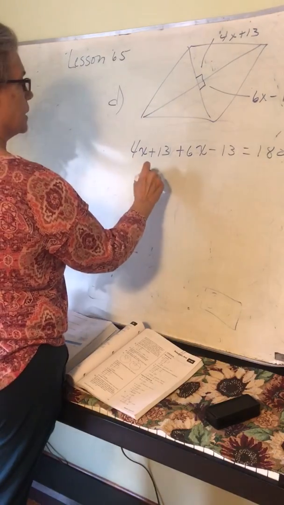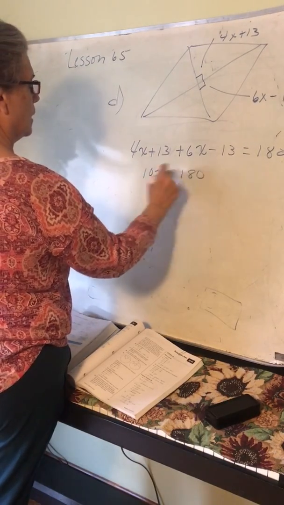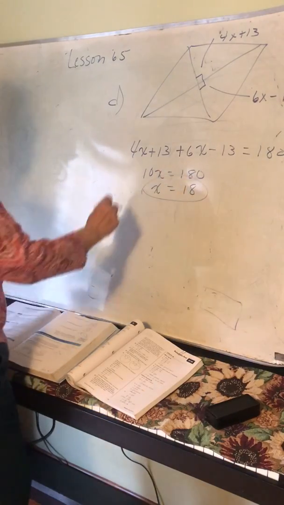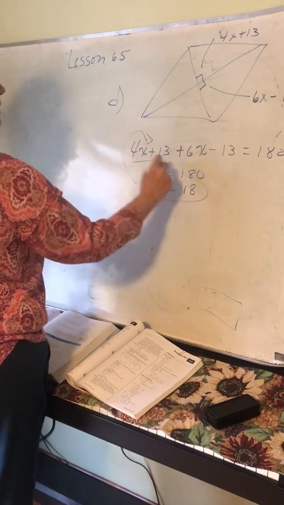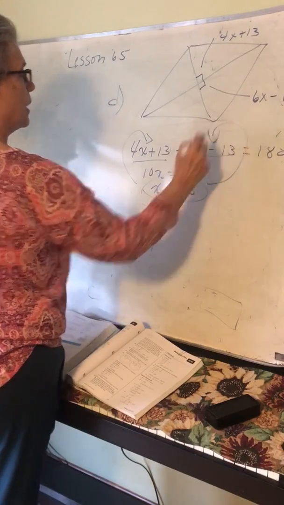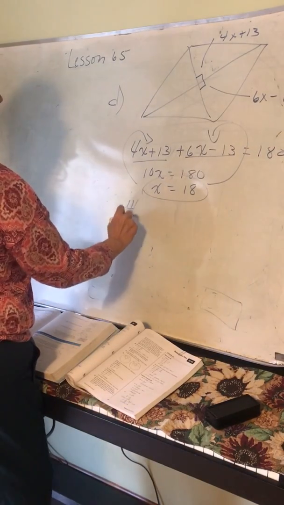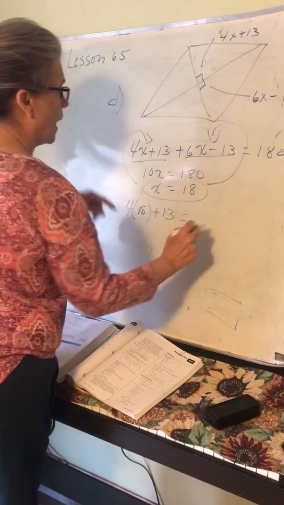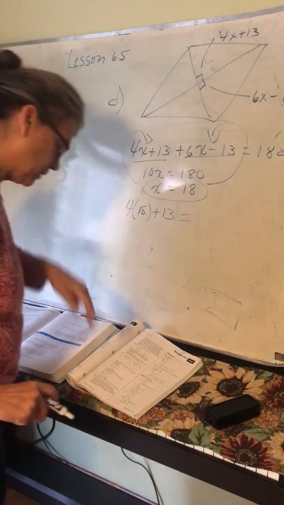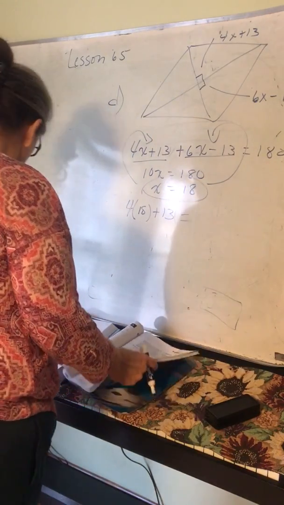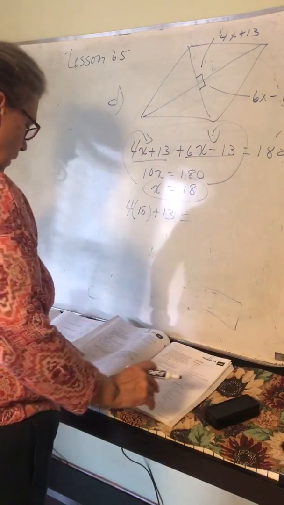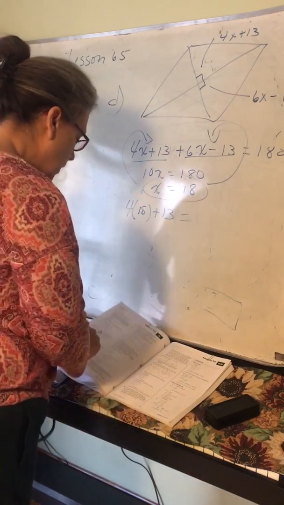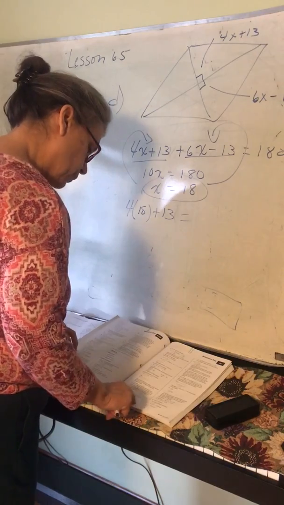So what do we get? 10x equals 180, x is equal to 18. Then we're going to put that back into each one of these and see what they come out to be. 4 times 18 plus 13 equals, let me check here, lost my place, sorry.